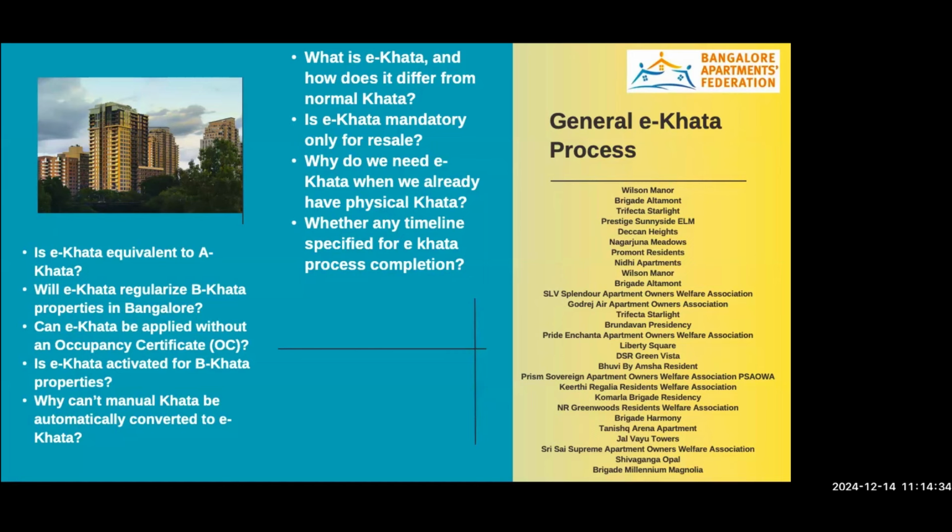The e-Khata will be issued as B e-Khata for the B Khata property. It will be issued as A e-Khata for A type of property. So there is no regularization happening. It is as is where is. Both A type and B Khata property will get e-Khata, but B type of property will get B e-Khata, and A fellow will get A e-Khata.